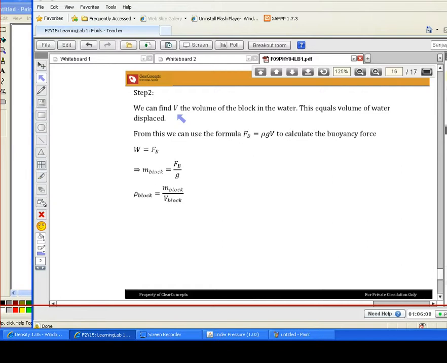Come on, people. What is the volume of a cuboidal structure? Length into breadth into height. Length is 30 centimeters, breadth is 30 centimeters, height is 10 centimeters. What should be the volume underwater?